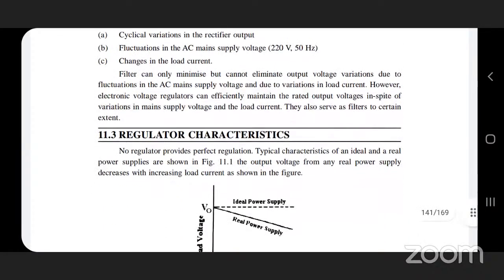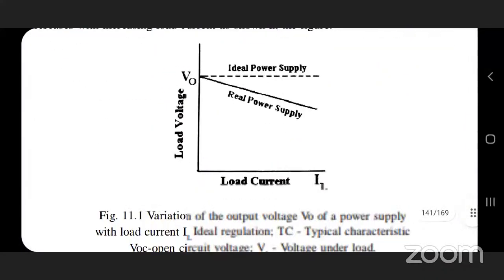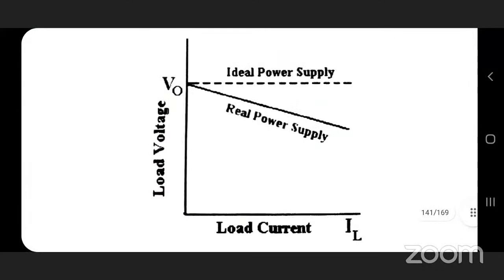Now the regulator characteristics. You can easily observe from the figure: on the x-axis the load current is considered, and on the y-axis the load voltage V naught.